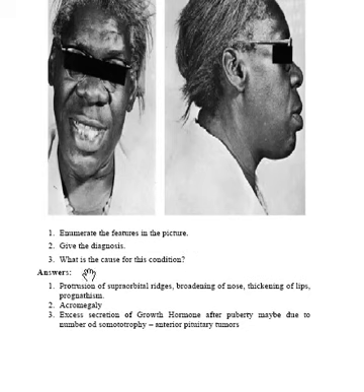There is excess secretion of growth hormone after puberty, maybe due to a somatotroph adenoma or any pituitary tumor present in the pituitary area, and this condition is called acromegaly.